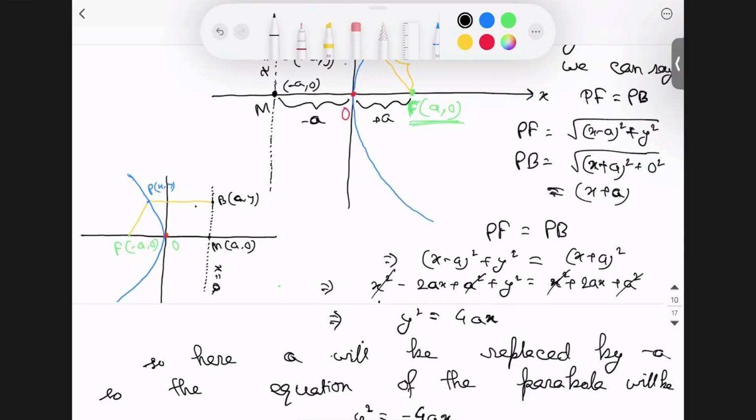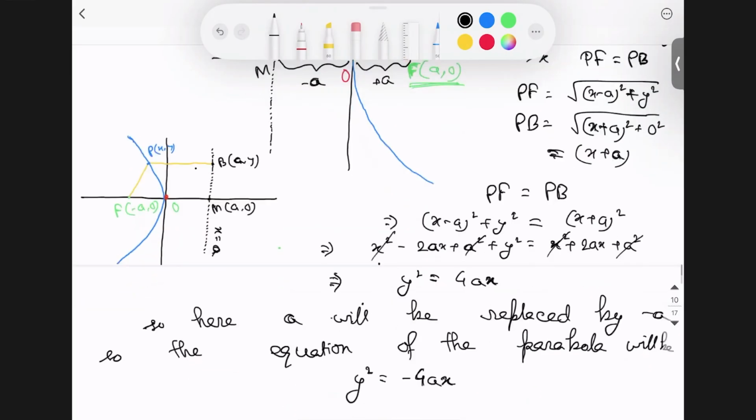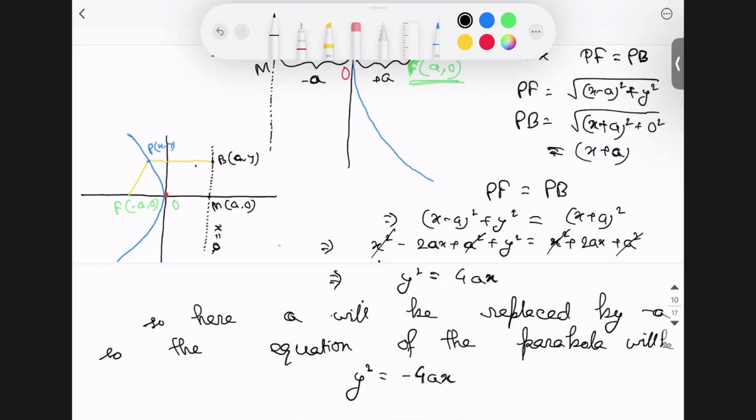This is the difference between these two cases, and you can see how the sign of the coefficient tells about the shape of the parabola and the direction of the focus and directrix. That's why the sign is important.